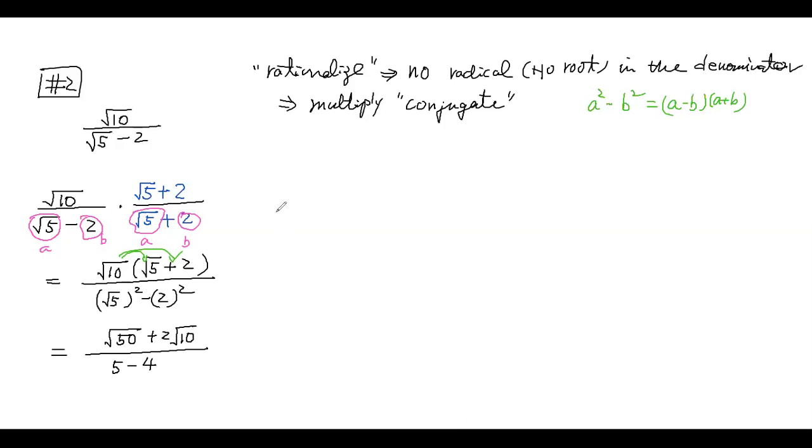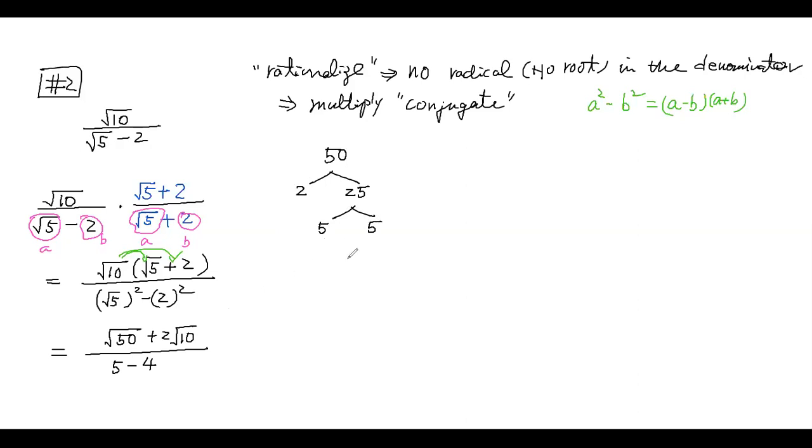Now let's take a look at 50. Can I simplify it? We did this in problem number 1, part A. 50 is 2 times 25, and I have 5 and 5 here.